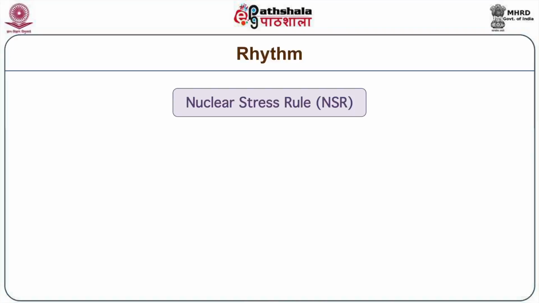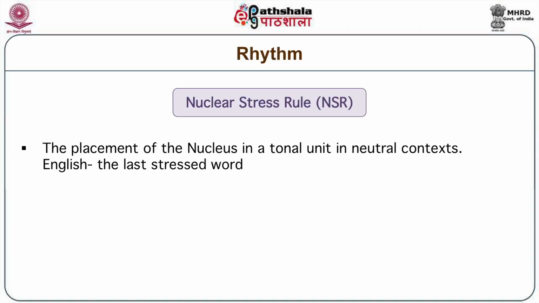Now, the part in this tone unit which directly deals with intonation, and derives its importance from rhythm, is the nucleus. As we said, the nucleus is the last stressed item in a word in a neutral context.